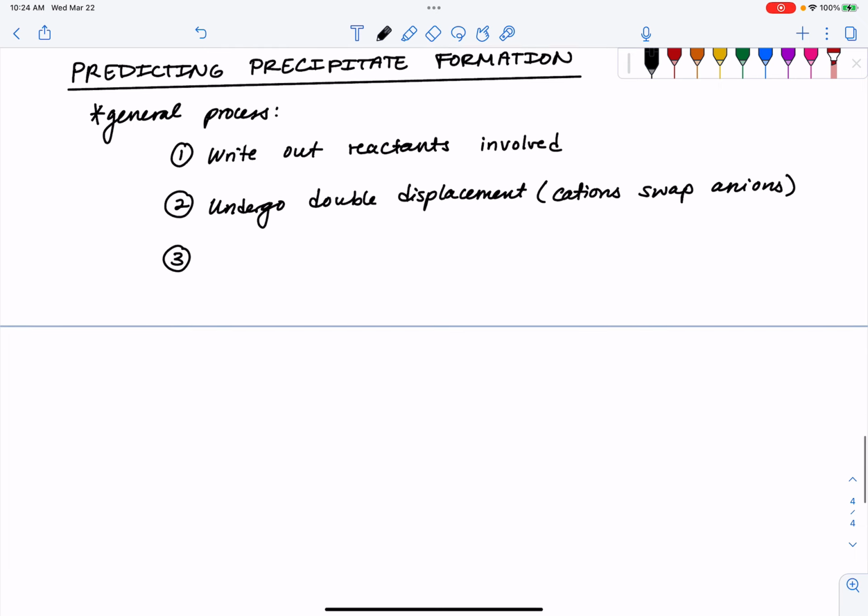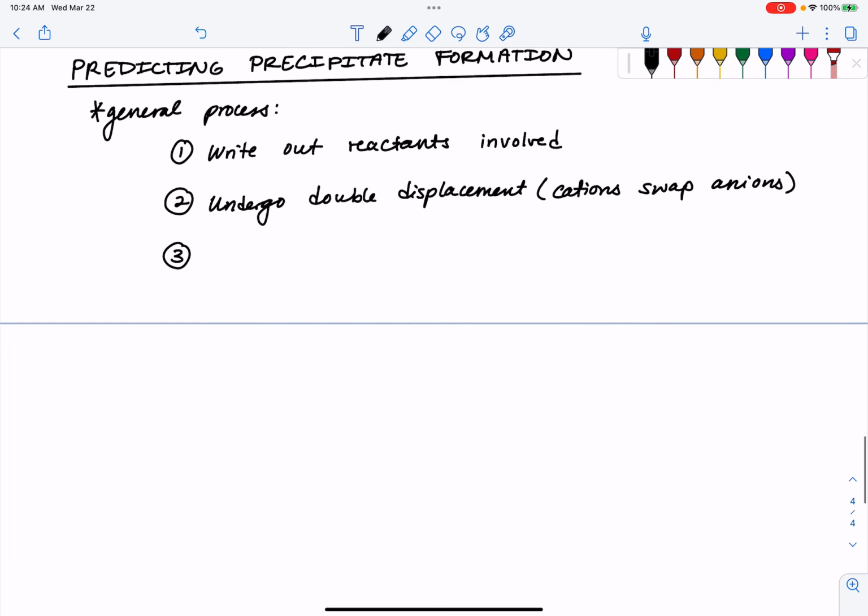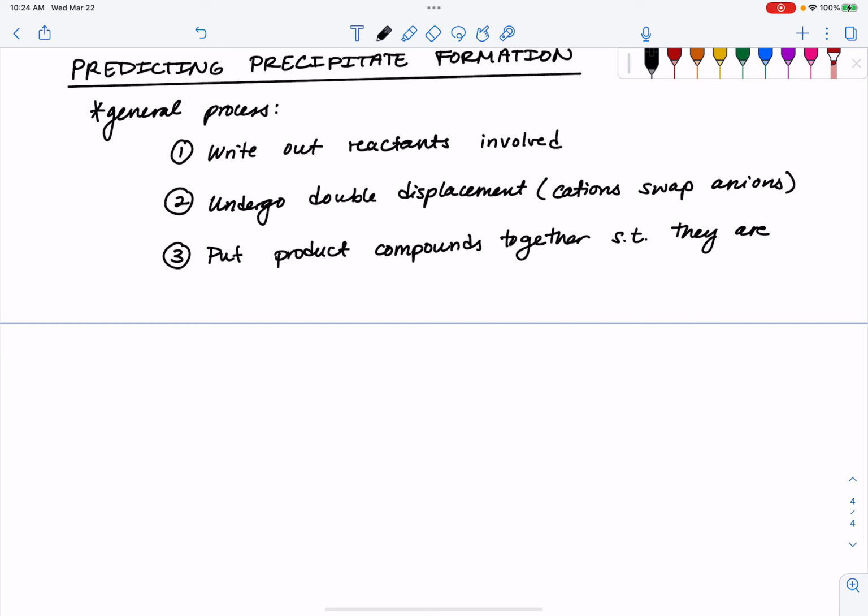Once we have identified what cation goes with what anion, we are going to put our product compounds together such that they are charge neutral.